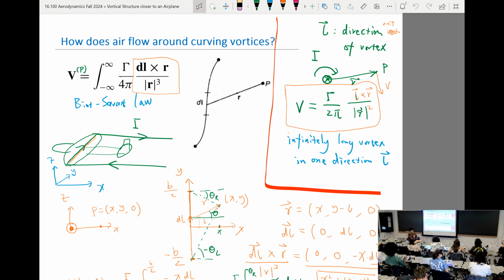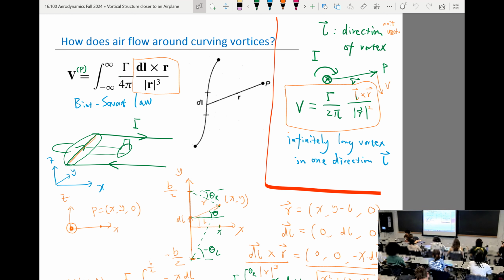So let's take a point that lies on the same plane as the vortex. If we choose another point, we know the velocity magnitude is determined by just the distance, which means the square root of x squared plus z squared, and the direction is going to be perpendicular to x and z.